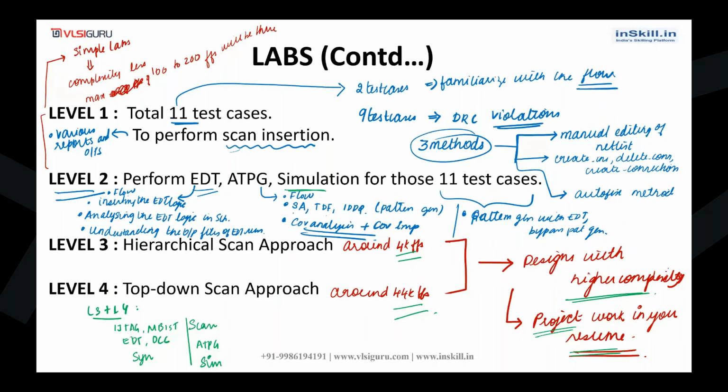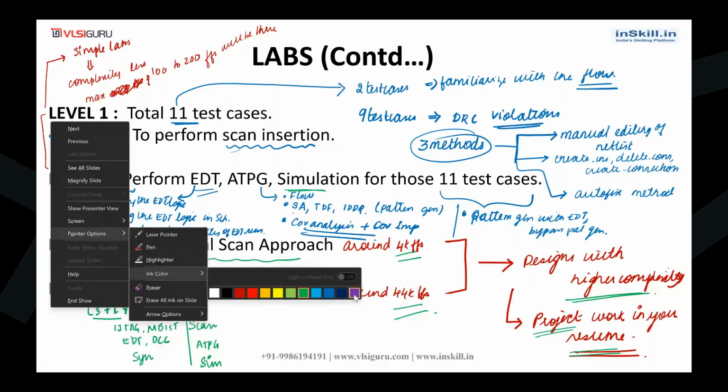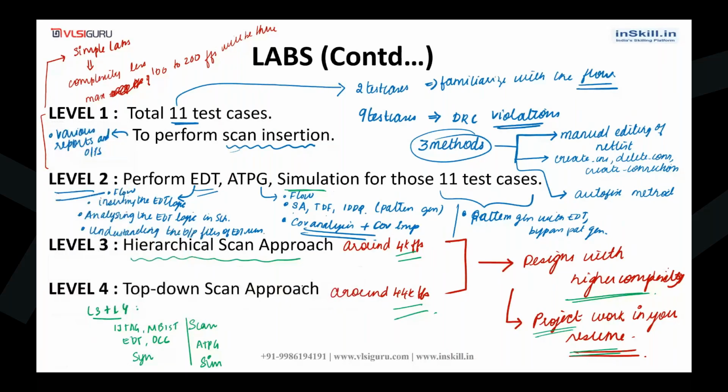Level 3 projects are actually a hierarchical scan approach. If it is hierarchical scan, some more extra concepts will also be covered at this time. While we are doing the level 3 projects, we'll be understanding the hierarchical scan approach. So what are the theoretical topics?